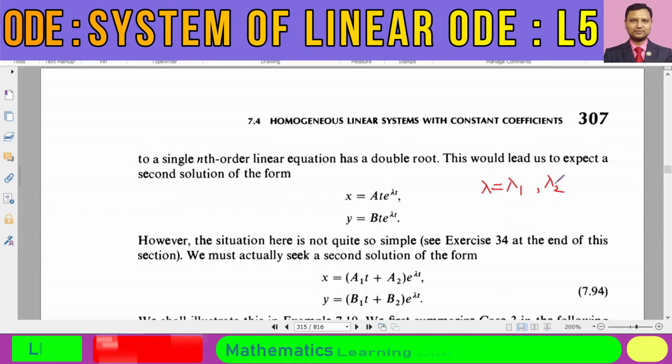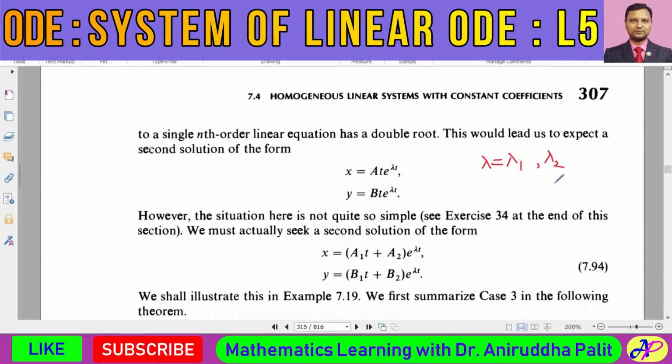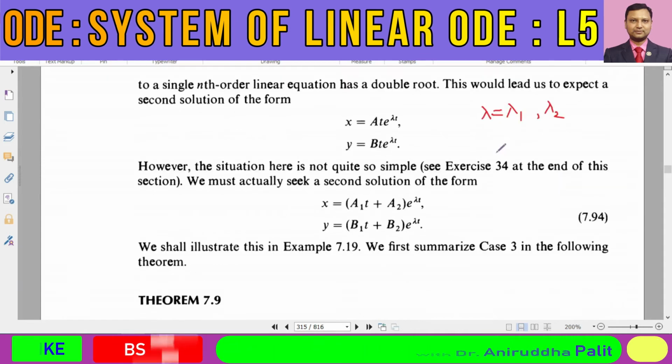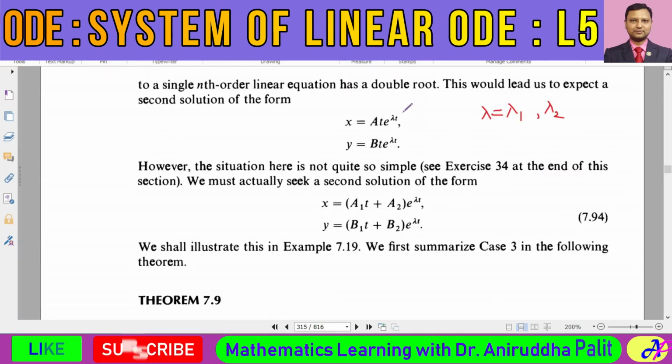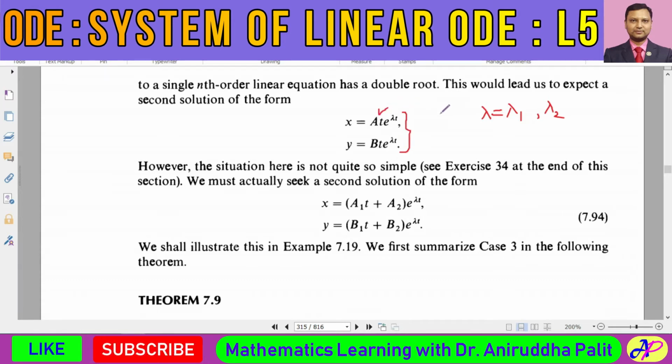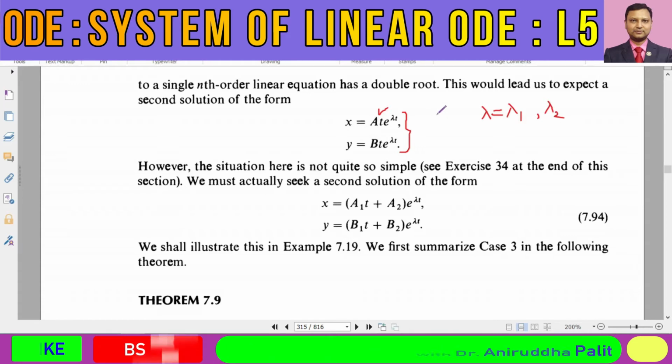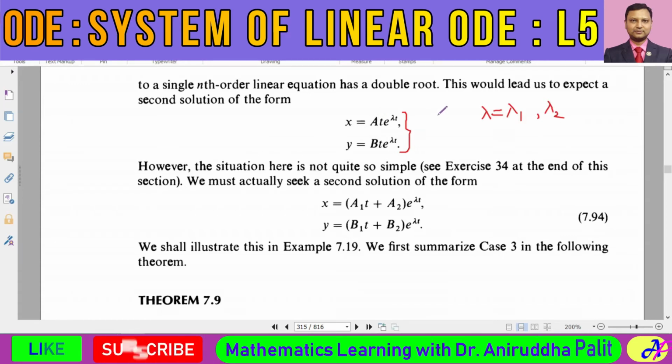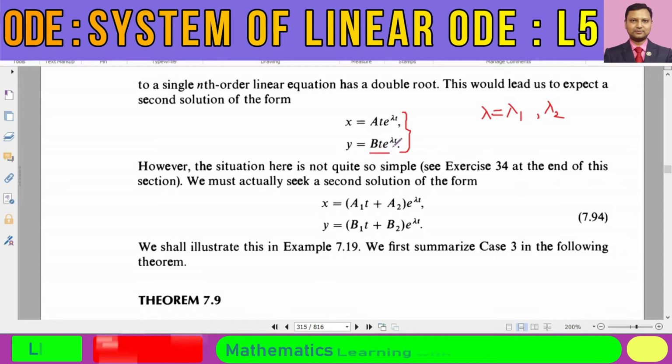in that case we expect that the solution to this equation would look like this: a into t into e to the power of lambda t. Mind it, one small t is there. And b into t into e to the power of lambda t. One can prove all these results.